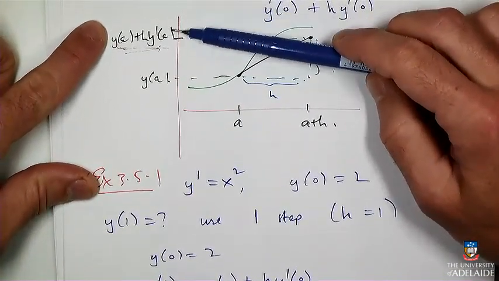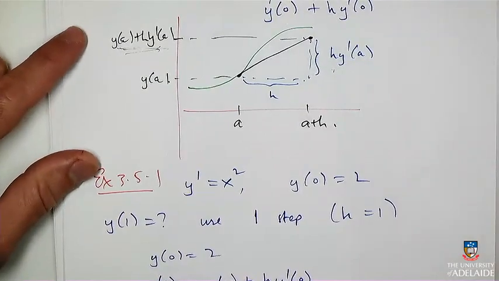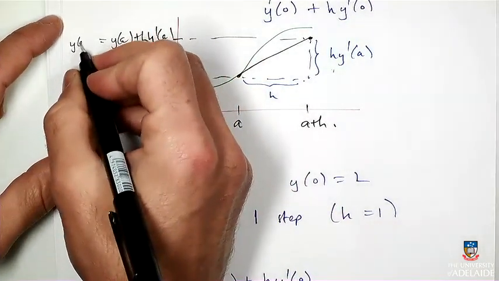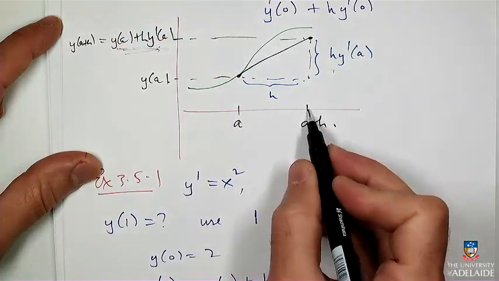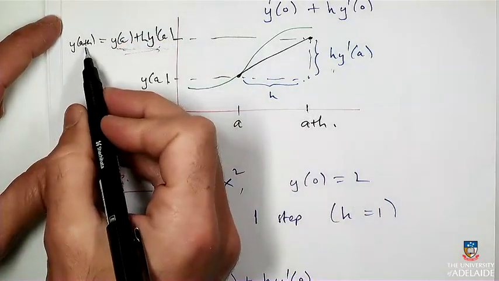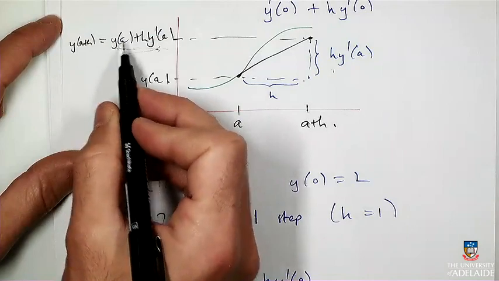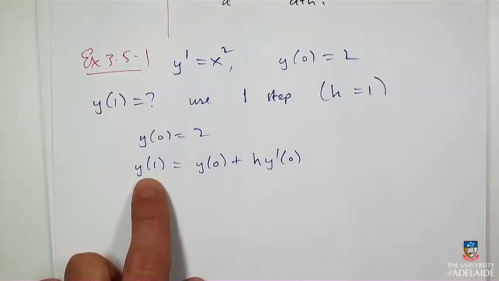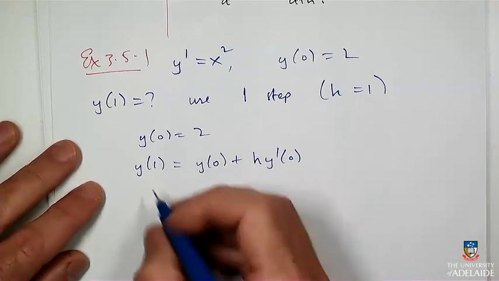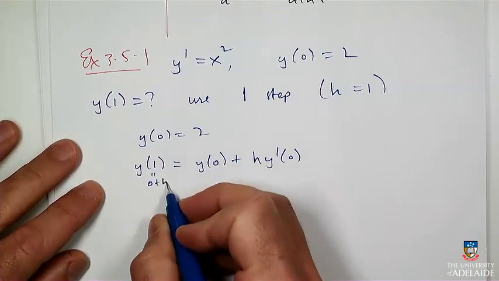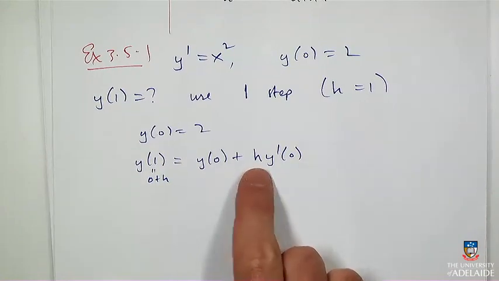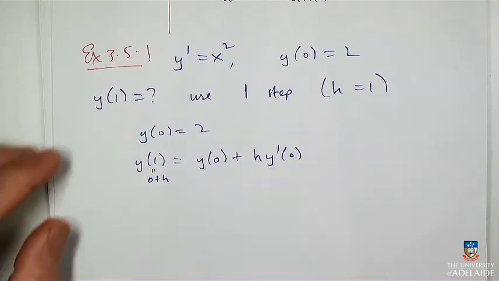So it's exactly like what's up here. So this is equal to y of a plus h. If you want to know what it is at the next step, you do what it is at the previous step plus h times the derivative. So if you want to know what y of 1 is, this is 0 plus h, because h is 1. You do y of 0 plus h y dash of 0.